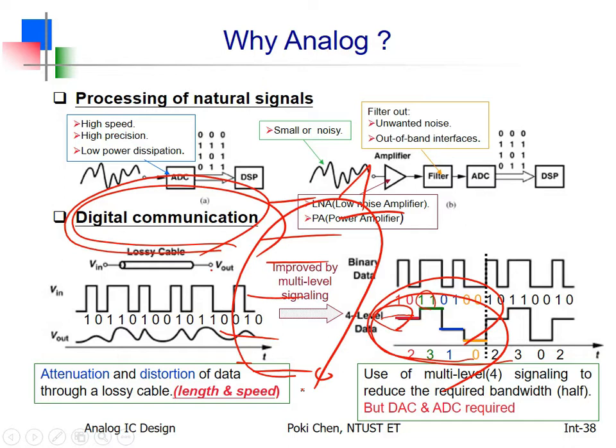So don't shade me. You say, hey, look, that is some kind of digital communication, so we can design it all in digital domain. Sorry for that. For real transmission, it should be in the analog. So even for digital communication, they need a lot of help from analog IC designers. Actually, that is the bottleneck.